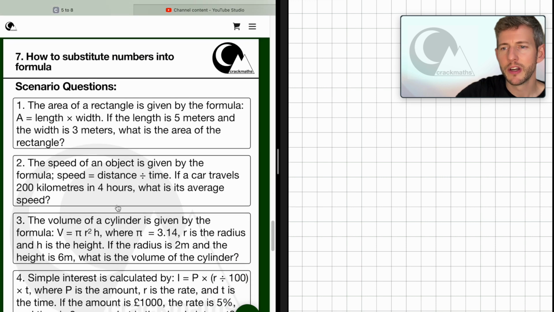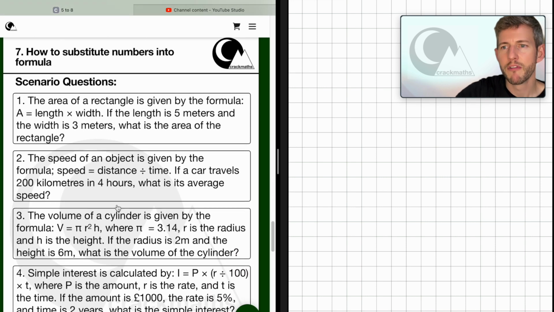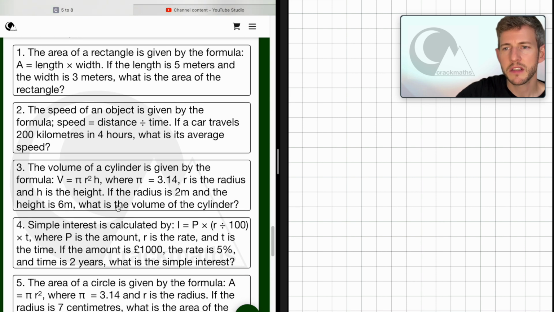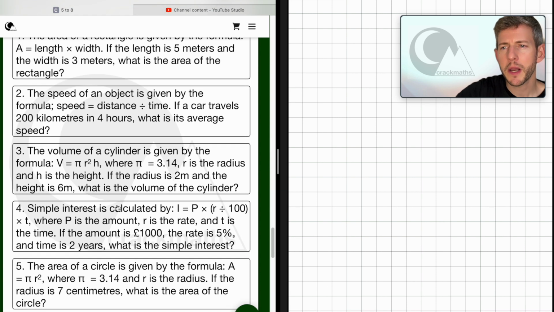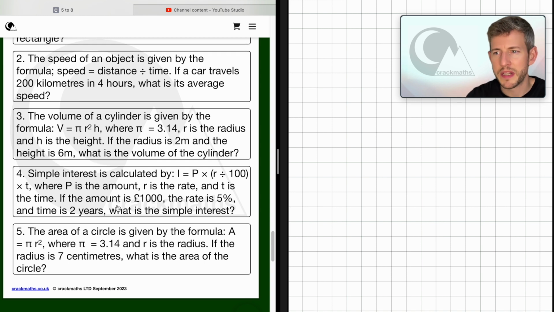So let's have a look at some of these more wordy questions over in the scenario section. So I'm going to pick on question 4 because I think question 4 looks a little bit different.